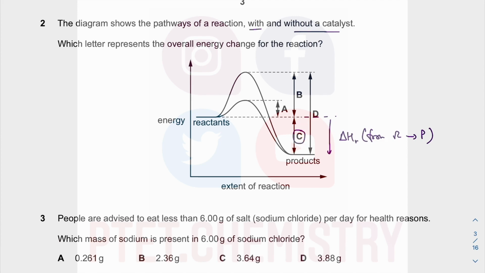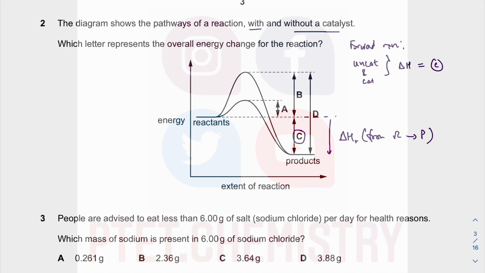What I was trying to do just now is because we also have the forward reaction. If we just think about the forward reaction, you have the uncatalyzed and the catalyzed. The enthalpy change is equal to option C, going downward.